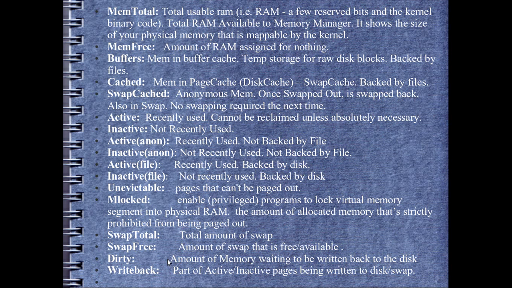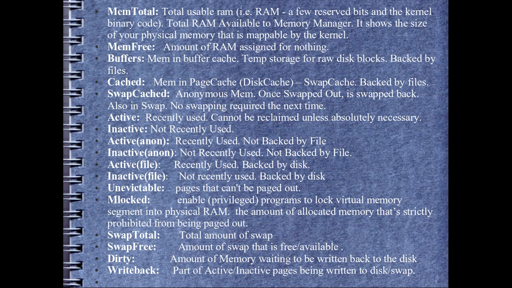Dirty, the amount of memory or the amount of pages that have been modified since they were last written to disk. For example, I opened a file in the vi editor or any other editor, any log file which the application opened and modified something in it, that becomes dirty.